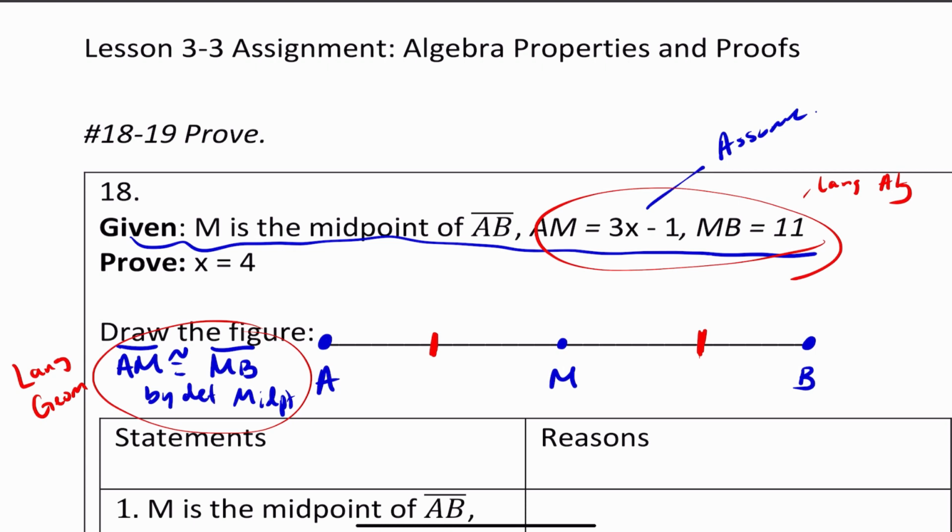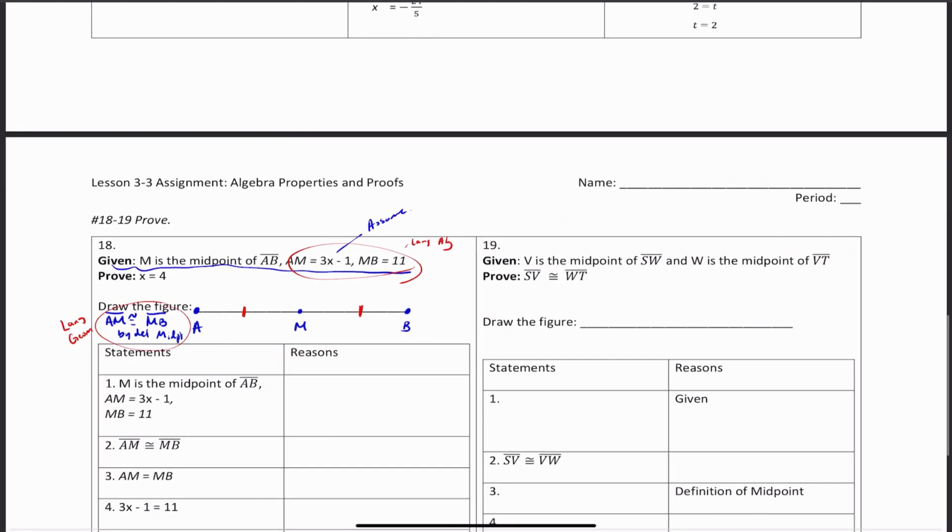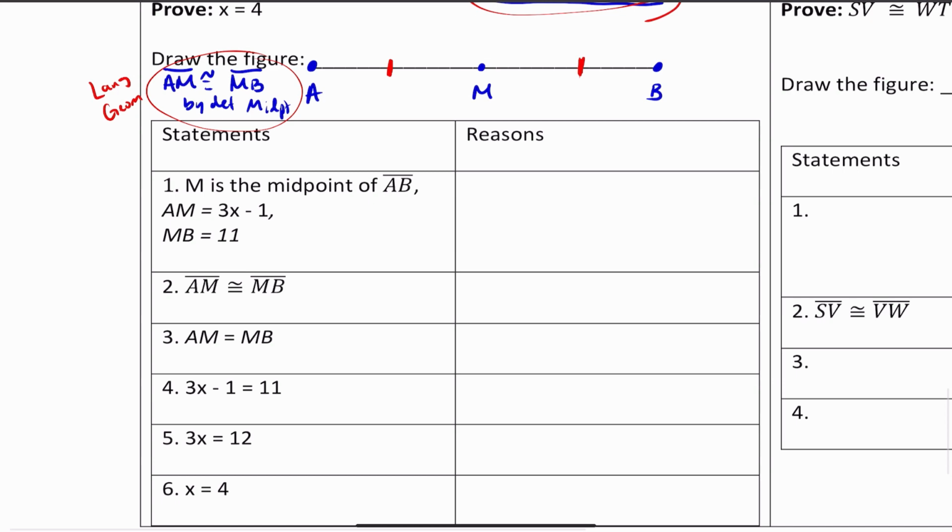Once I go from the language of geometry to the language of algebra, I am going to substitute at one point and then proceed from there. Let's take a look at the proof now, because I think I have an idea on how I'm going to go through it.